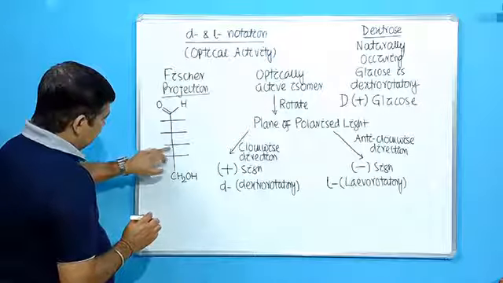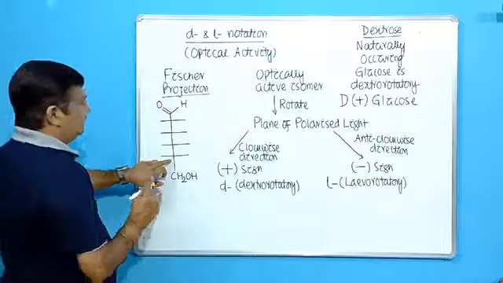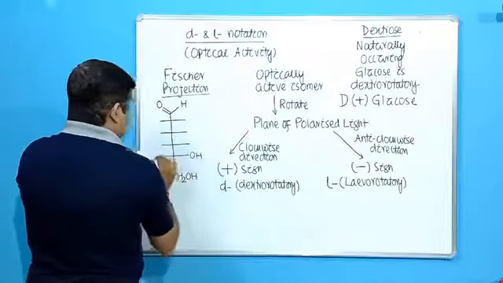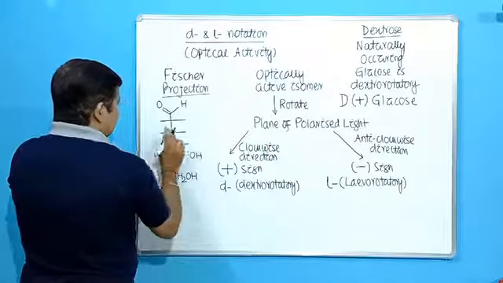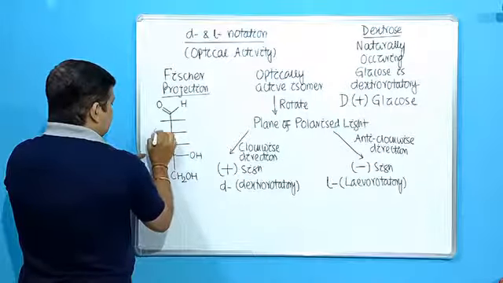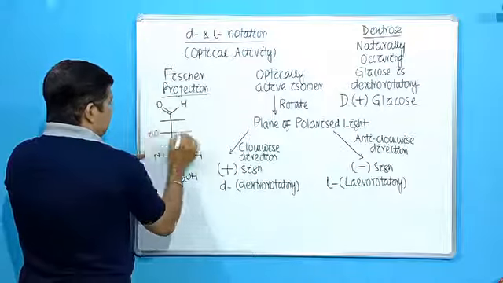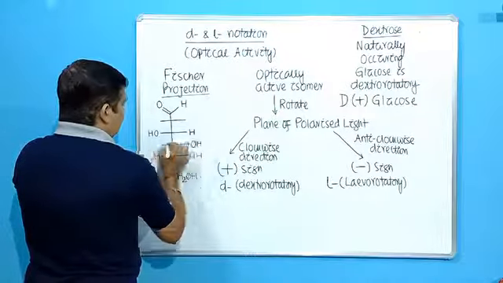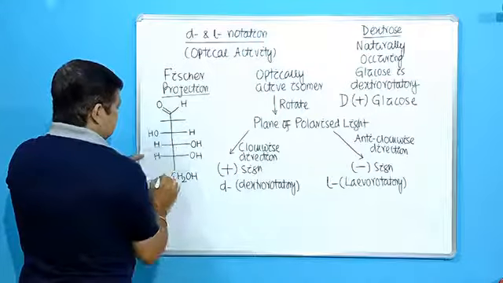Carbon 1, carbon 2, carbon 3, carbon 4, carbon 5. For D glucose, OH will be at this side, H will be at this side. Then for carbon 3 only, the OH group will be present on the left hand side. For the remaining, OH will be present on the right like this.